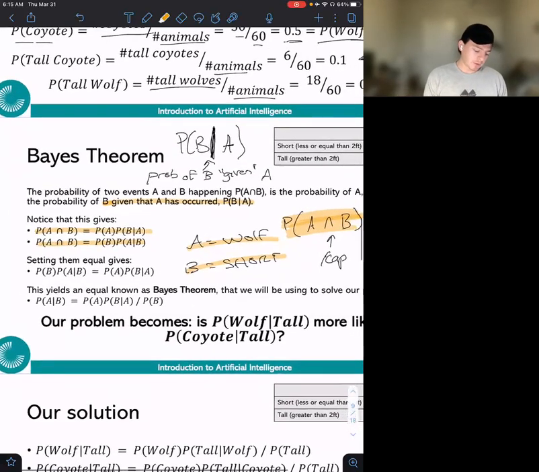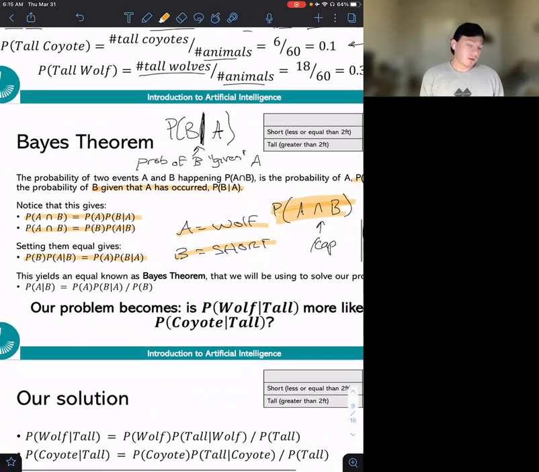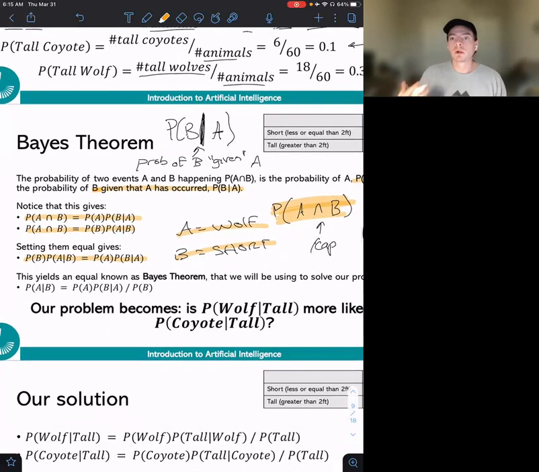So setting equal both sides, we get this expression where you have the top equation on one side, the bottom equation on the other side. And this yields what we're looking for. It's called Bayes' theorem. And this isolates one of the conditionals on one side and enumerates an entire equation based off of the two class conditionals on the other.